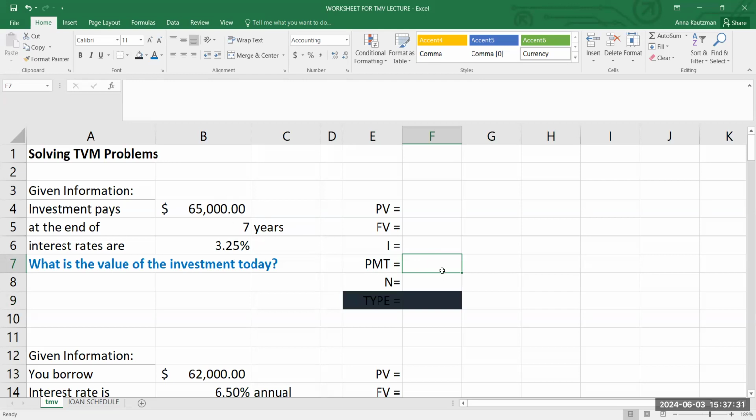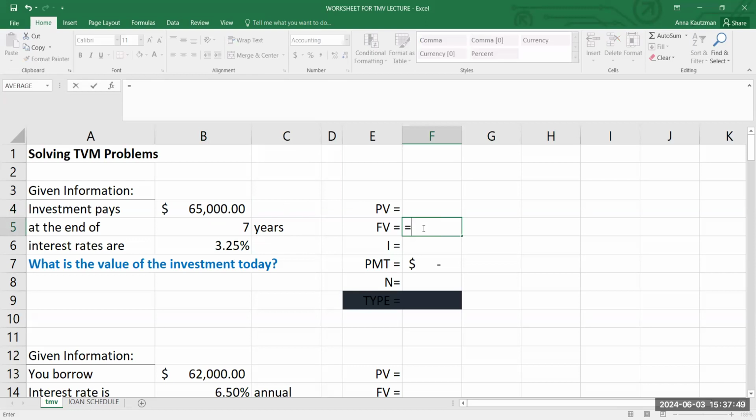There is no ongoing series, so payment will be zero. Let's not get that confused with the $65,000. It pays $65,000 at the end of 7 years, so that's in the future. So the future value of the investment is the $65,000.